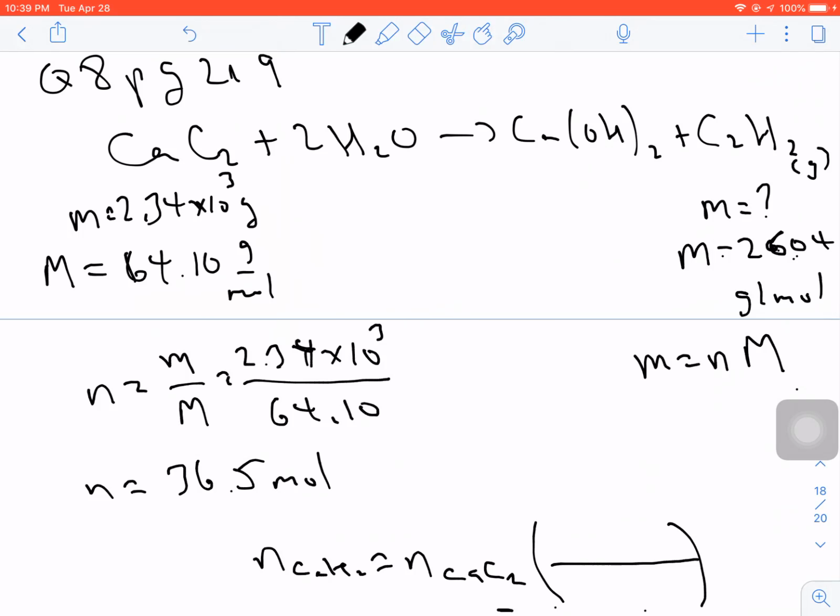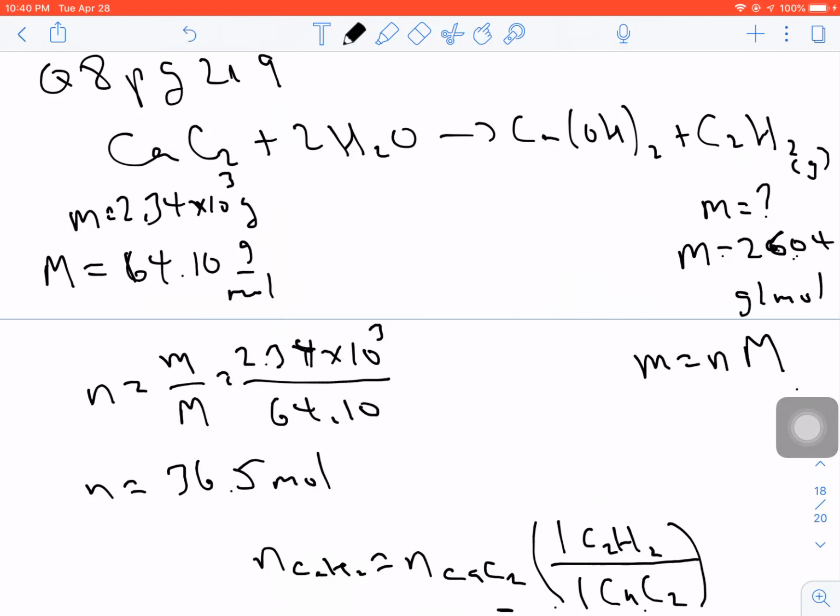I'm trying to get rid of this calcium carbide because I'm trying to solve for C2H2. So I'm going to put the number of moles of C2H2, which is 1. I've got 1 C2H2 up in my balanced equation. And the number of moles of calcium carbide, you see there's a 1 here for calcium carbide.